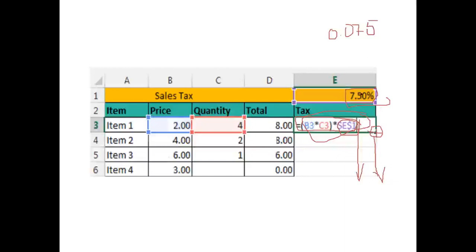Instead of putting the numbers there, you are putting the actual cells, so that it can ease up your work, and you use those scenarios to maintain that particular thing.